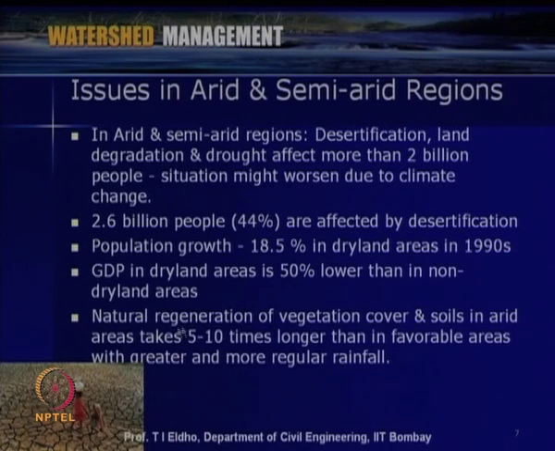You can see that compared to non-dryland areas, the GDP is 50% lower. Now, the natural regeneration of vegetation cover and soils in arid areas takes 5 to 10 times longer than in favorable areas with greater and more regular rainfall. When we compare the arid and non-arid regions, we have already seen the GDP.